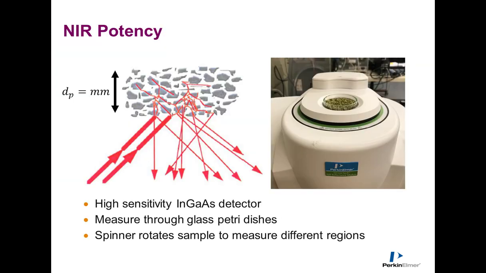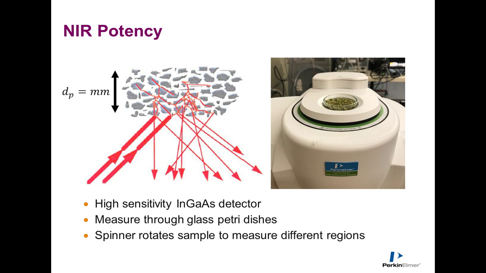Firstly, we're going to look at using near-infrared for understanding the potency of the cannabis sample. Here we can see the Spectrum 2 near-infrared instrument on the right and a small petri dish with cannabis flower in it.